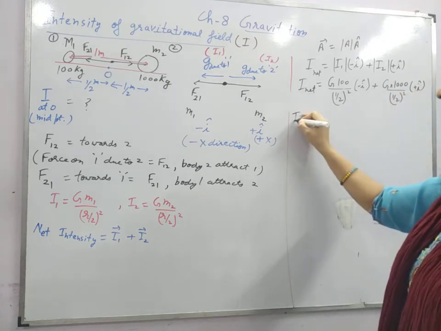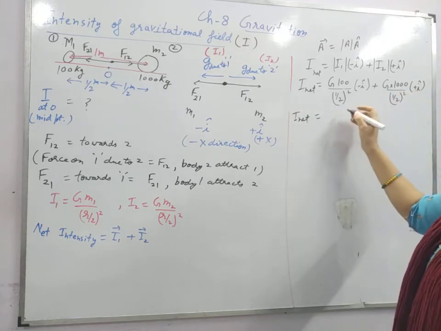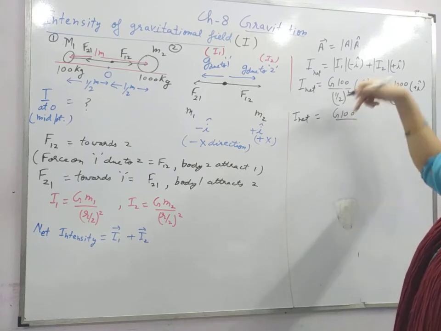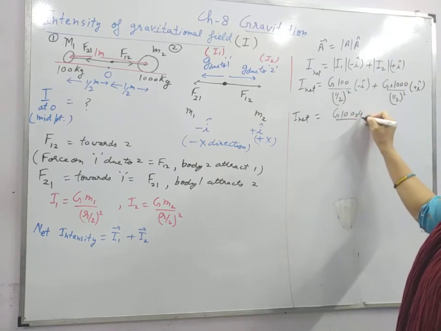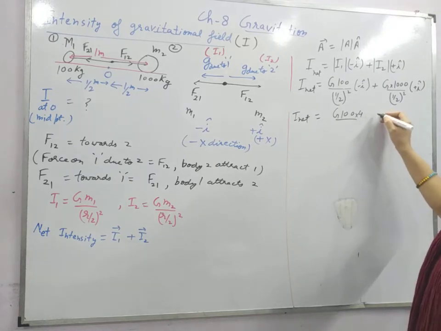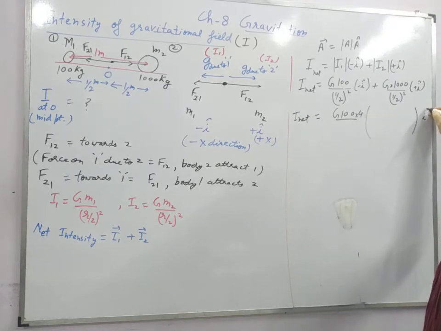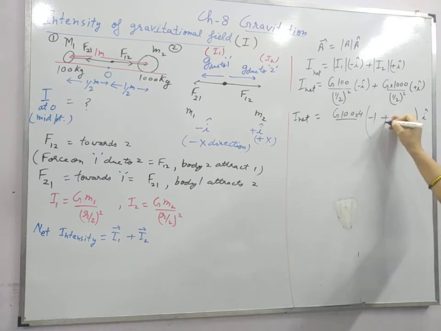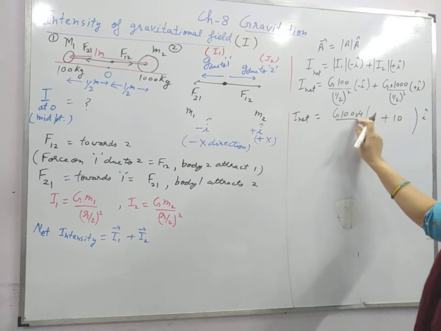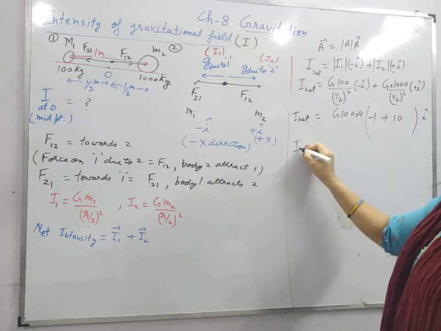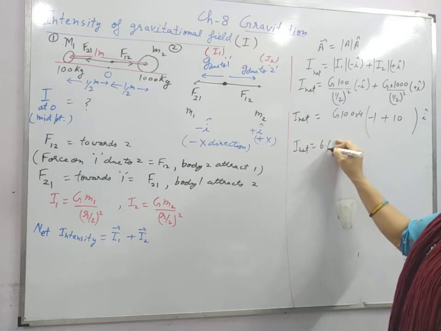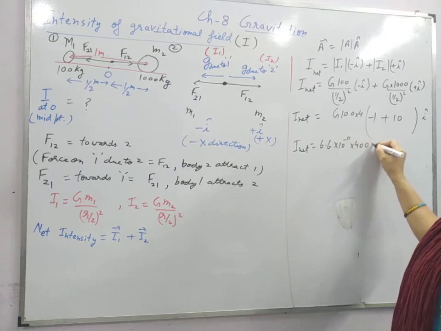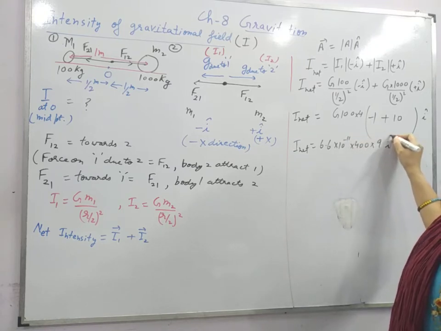Let's take some values common: G into 100. This 4 will go up, so I'm writing 4, and I'm taking i cap common. Here what will remain? Minus 1. And here what will remain? 10. So this gives I net is equal to 6.6 into 10 to the minus 11 into 400 into 9 into i cap.